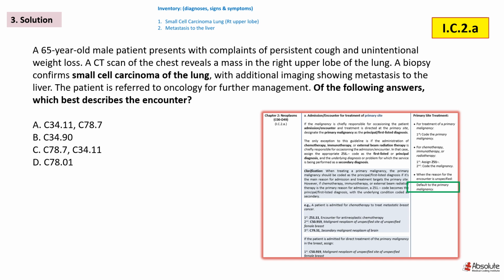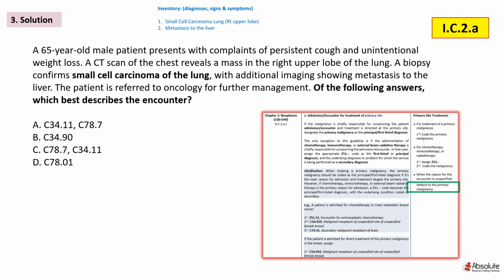Additional imaging showed metastasis to the liver. So there's no real confirmation that the treatment was directed at primary or secondary. But I want you to know that the default shall be primary until otherwise specified.